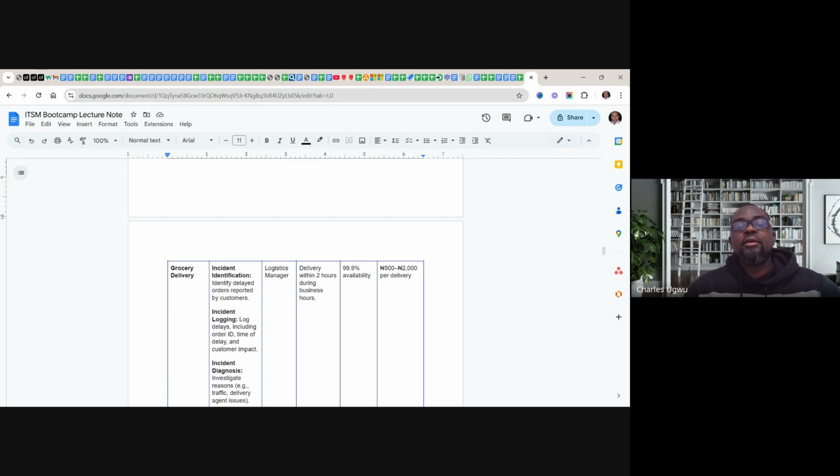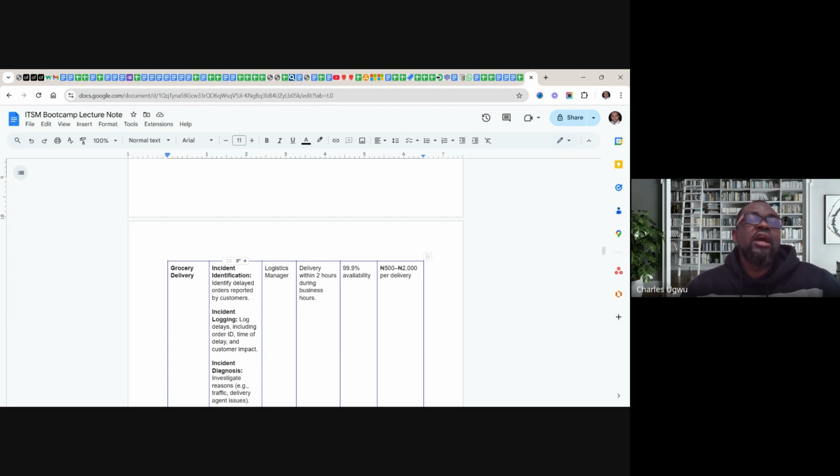And again, when we are resolving these incidents, if we agree that we are going to respond and resolve the incident within 2 hours, after 2 hours another service level agreement has been violated, and that will trigger escalation. Escalation means that at times the desk support or the agent resolving the incident cannot resolve it.